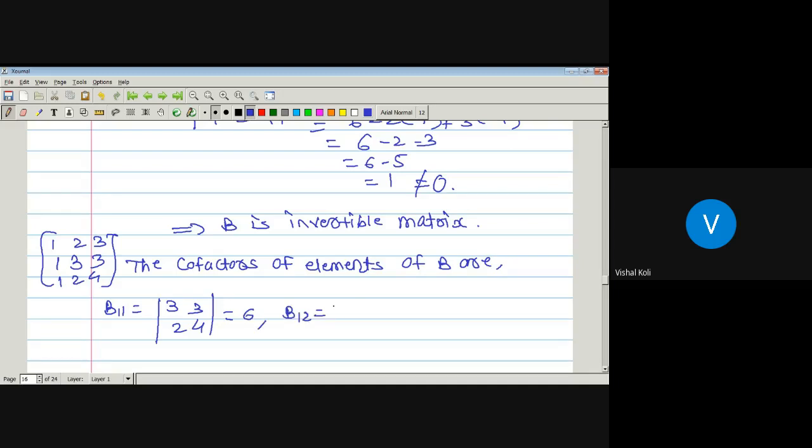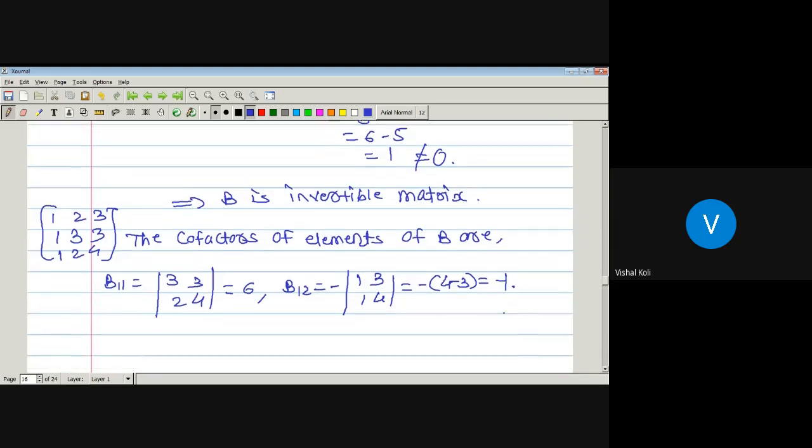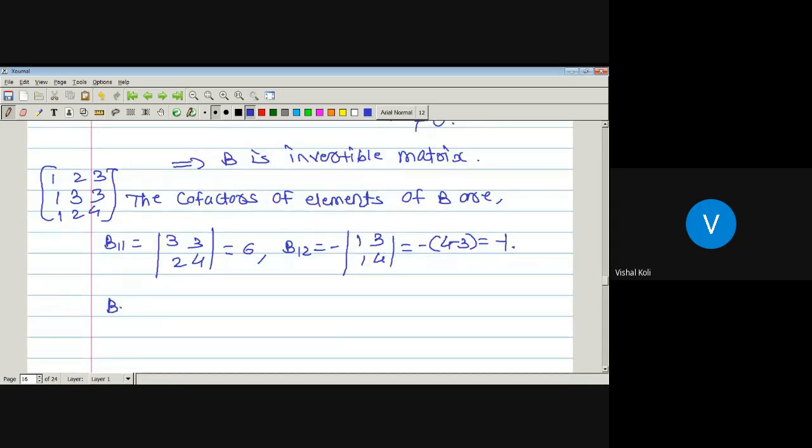B12 equal to minus 1 to the power 1 plus 2, which is 3, and which is minus 1, into 1, 3, 1, 4, which is equal to 4 minus 3, 1, and which is minus 1. B13 equal to minus 1 to the power 4, which is plus 1, into the minor 1, 3, 1, 2, which is 2 minus 3, which is minus 1.